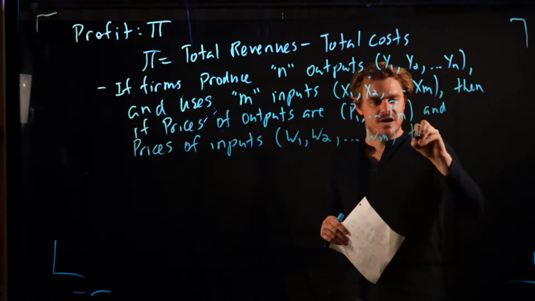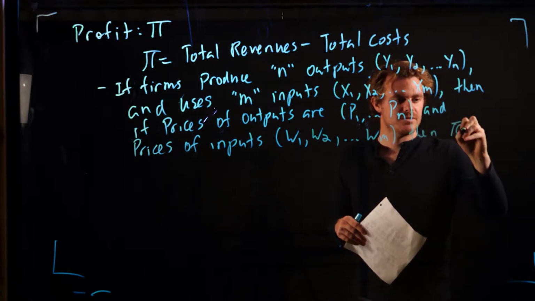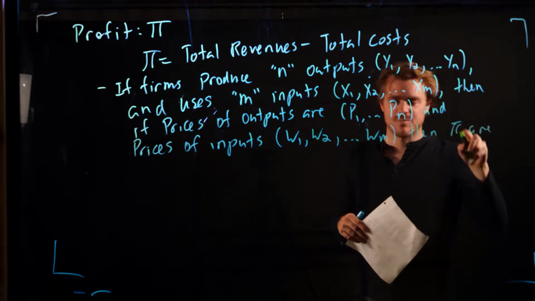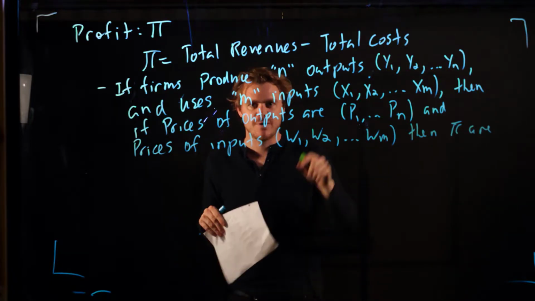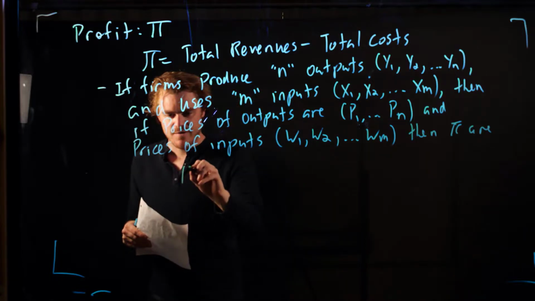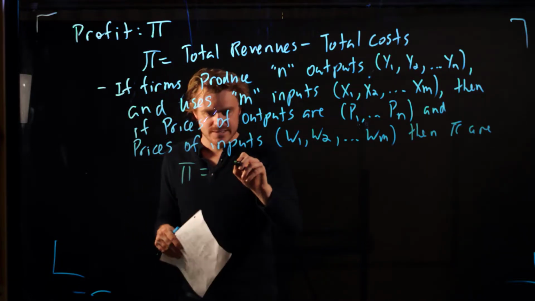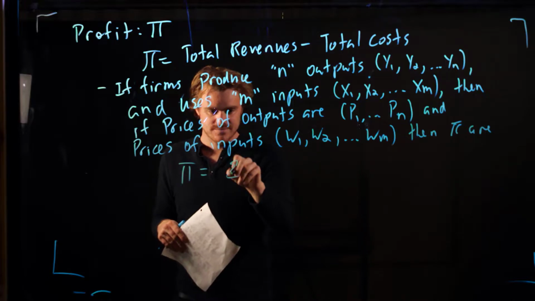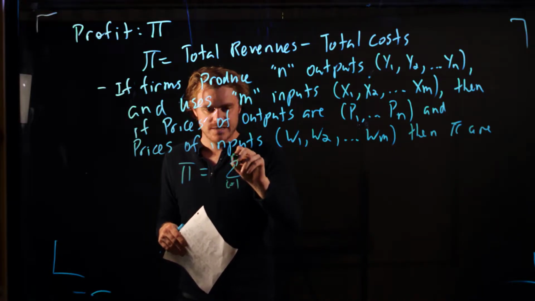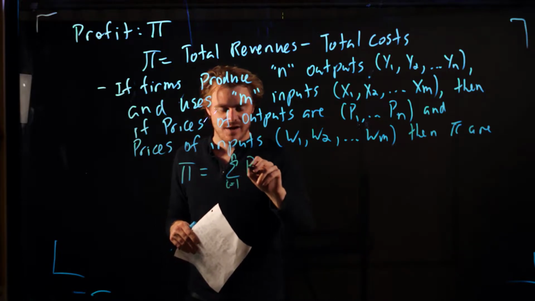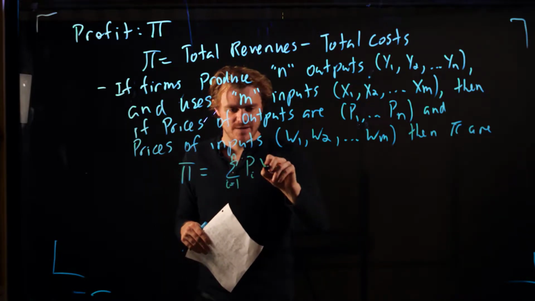Then profits are, again, pi for profits. We're going to keep things really general, but we're going to come back to just maybe one. Then profit equals the sum, this is a sum symbol, from i equals 1 to n of pi times yi.